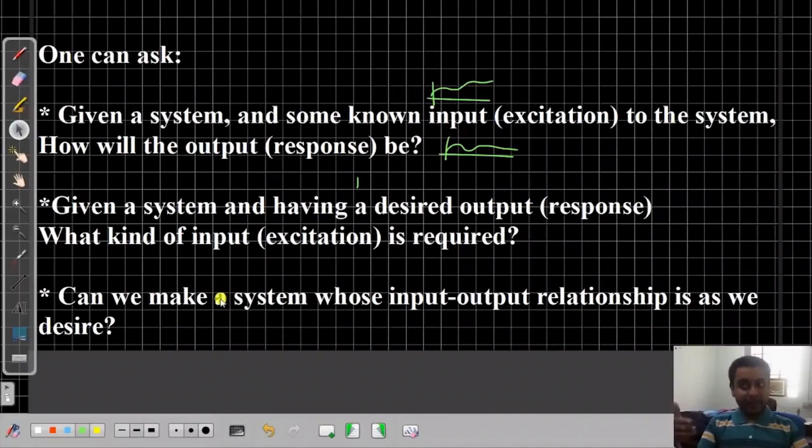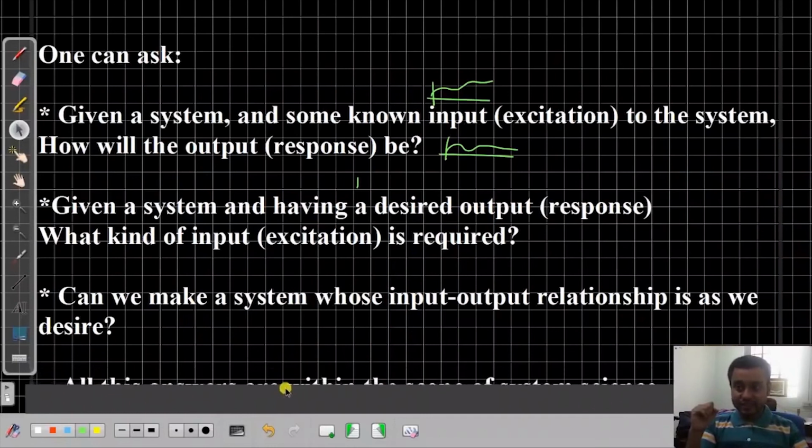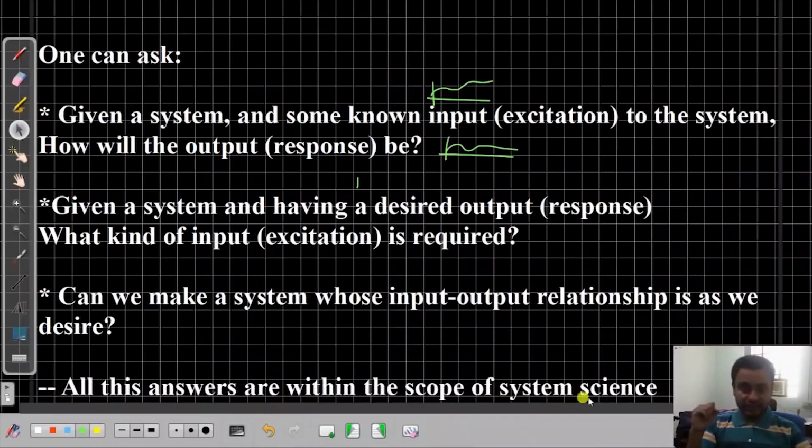Now, can I make a train so that there is no delay between the input and output? Then it will be easier for me to control that train, and it will be less likely to make a fault or accident. All these questions are asked and investigated in the subject called system science or system theory, which is what we are studying in this course.